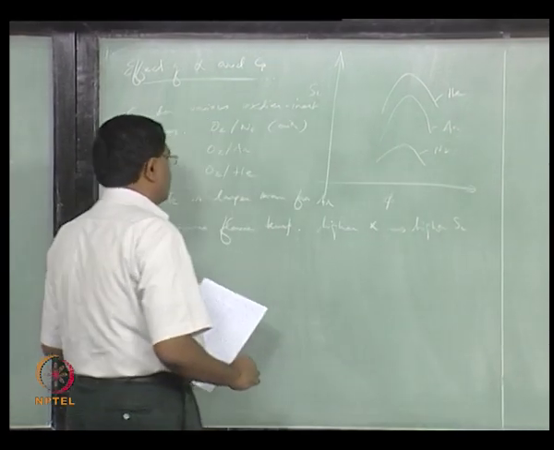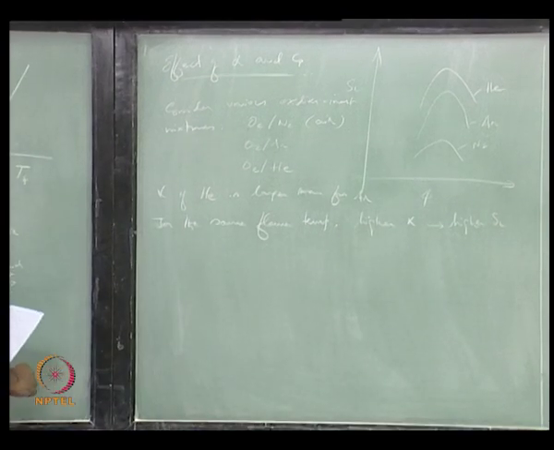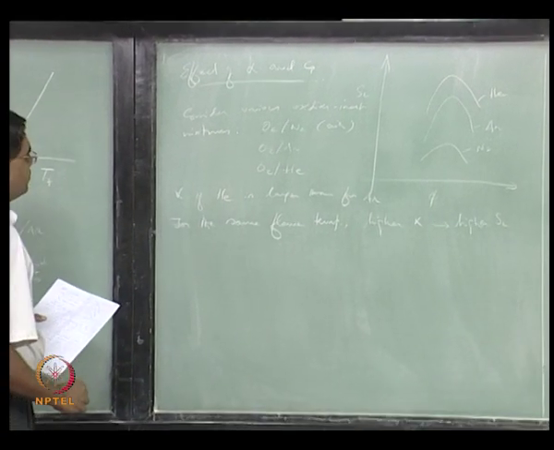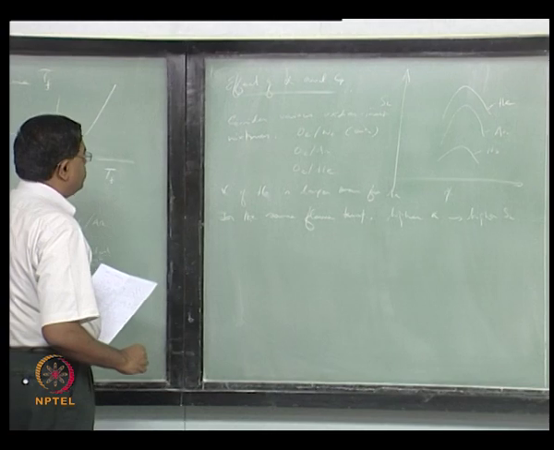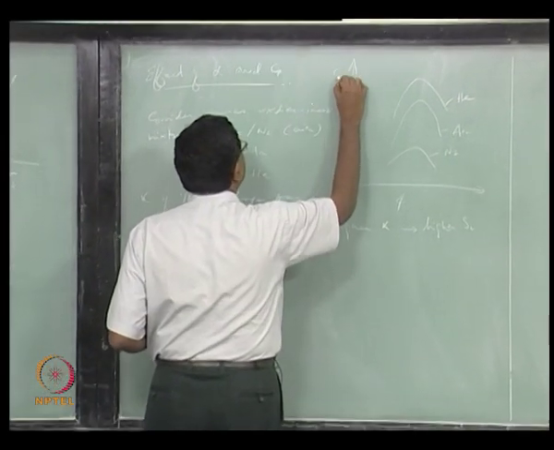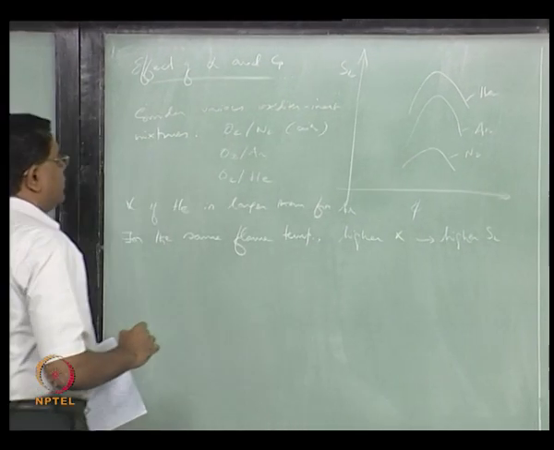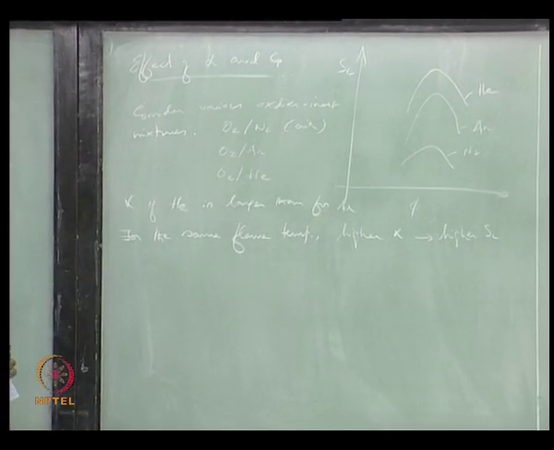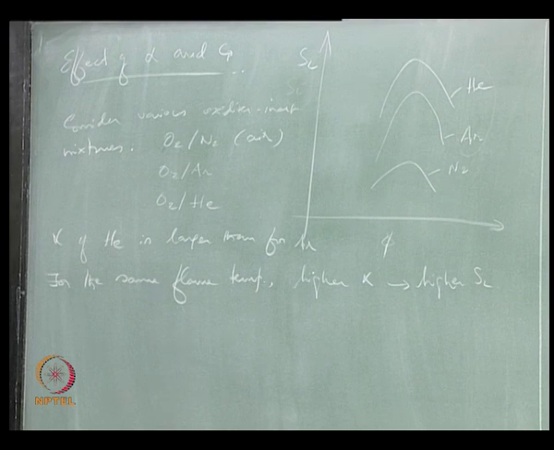That is the reason why you get a helium-diluted SL having a higher value when compared to argon-diluted flame speed.